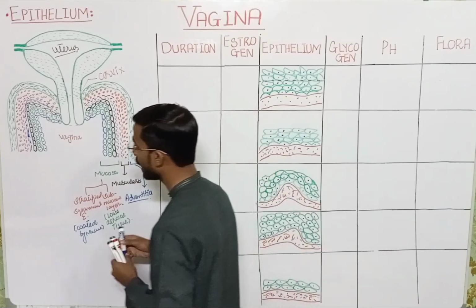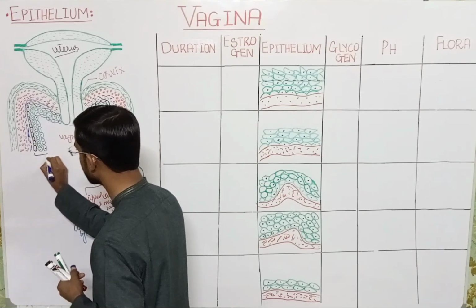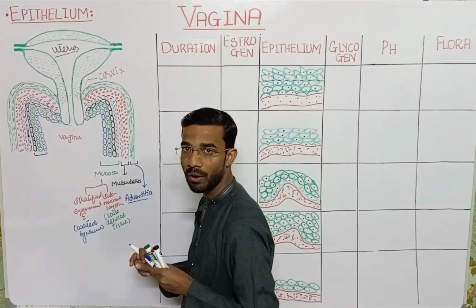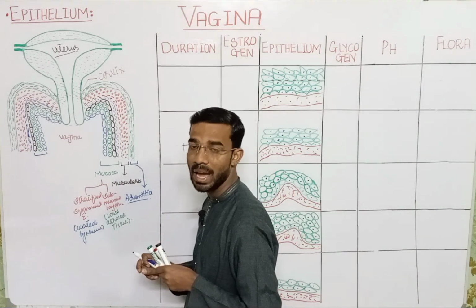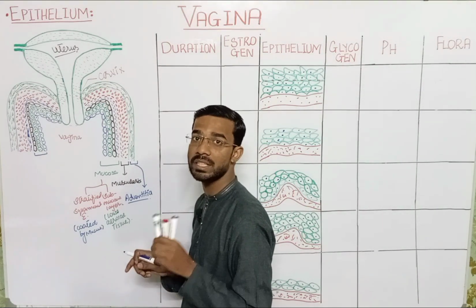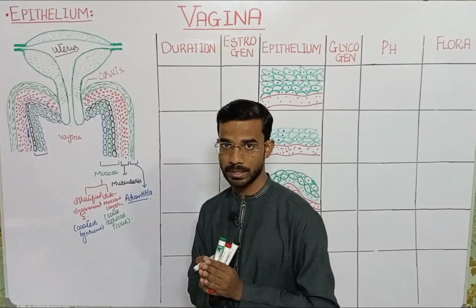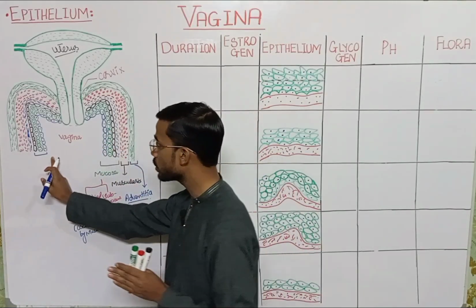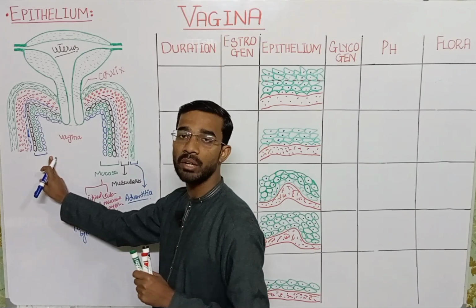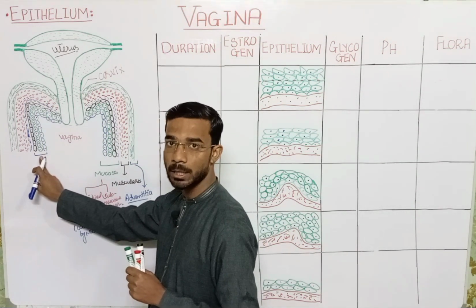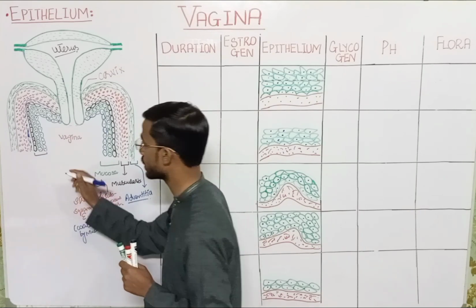Here you see that the first three layers are the stratified squamous epithelium, and in this layer you will never see any gland. It is composed of three cells. Outermost is the superficial cornified cell, second is the intermediate cell, and last is the basal cell.